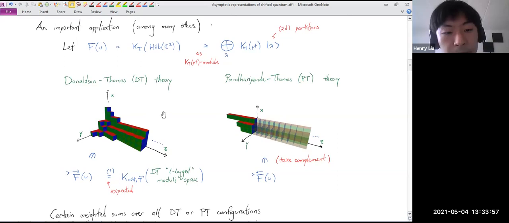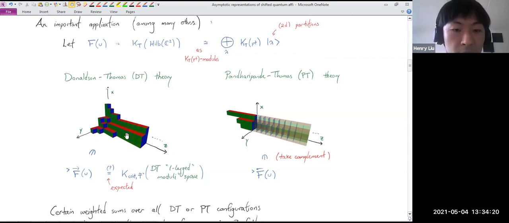partitions as a whole bunch of 2D partitions placed side by side. But yes, Andre is entirely right that when we place these descending flags of 2D partitions side by side, you get what's called a 3D partition, possibly with legs. Legs are what happens when you have an infinite stack of things sticking out in 1 or 2 or 3 directions. But for us, we'll only think about the one-legged case.